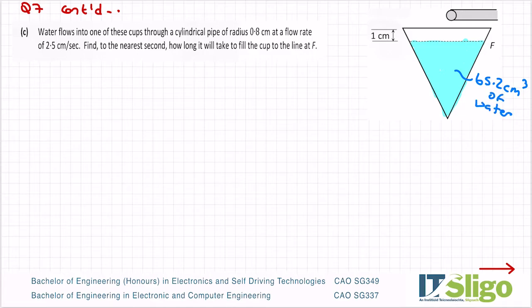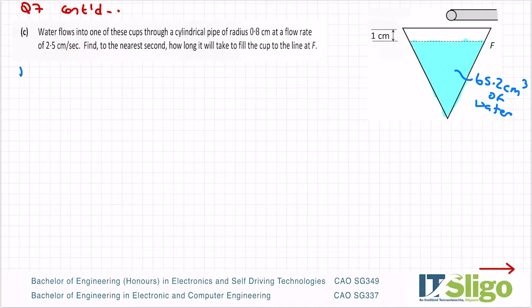Now we need to figure out what speed it is coming out of this pipe at. So let's go back and see what the pipe is. It's cylindrical, with a radius of 0.8 centimeters at a flow rate of 2.5 centimeters per second.